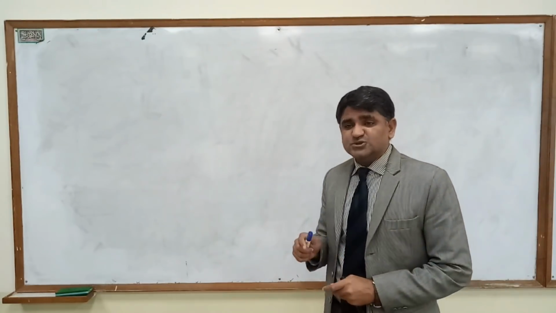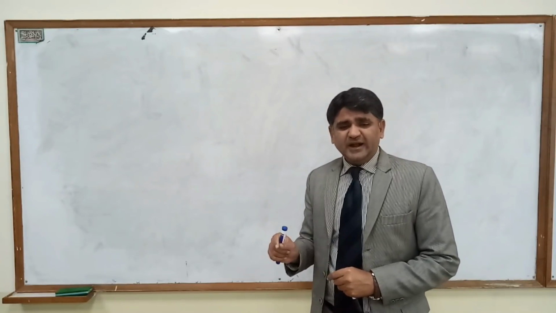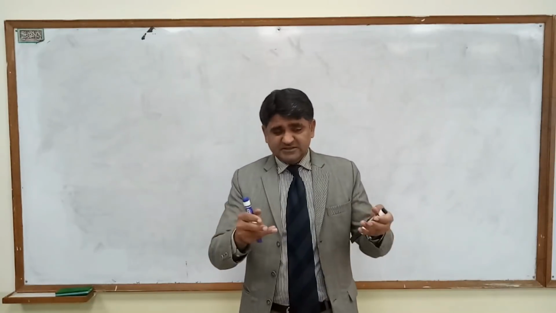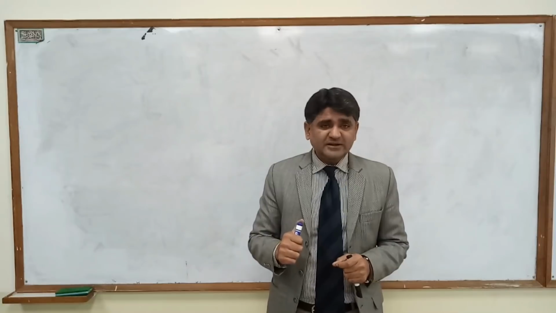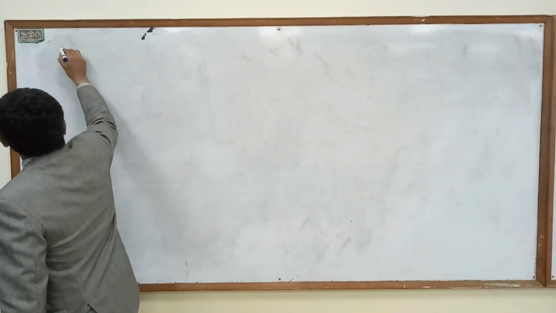So let x1 be food 1, x2 be food 2, x3 be food 3. And what is the minimum daily requirement of vitamins? Which is given as 120. So we start our question, question number 25.